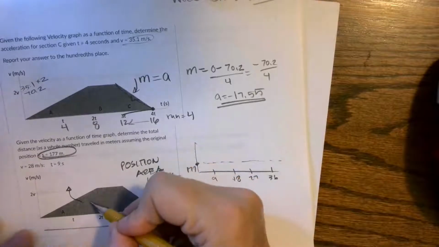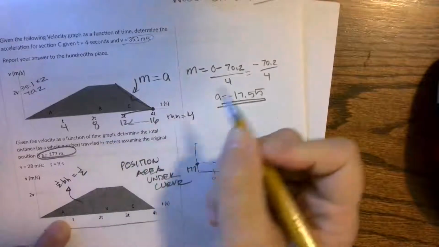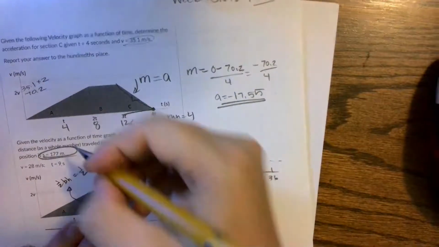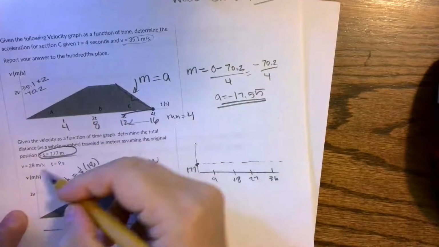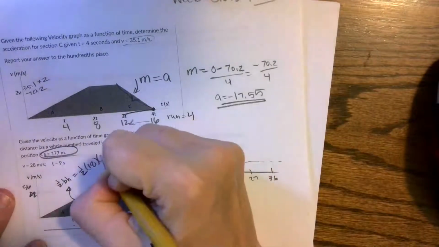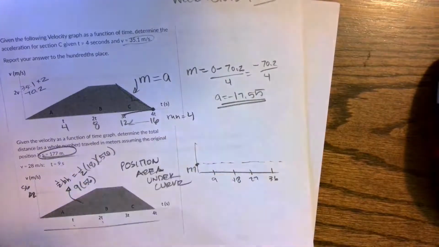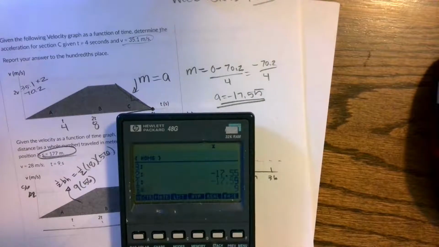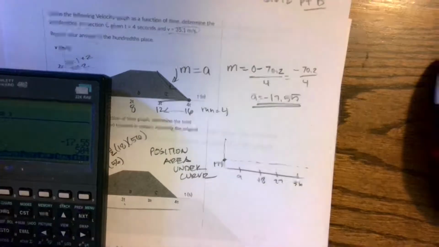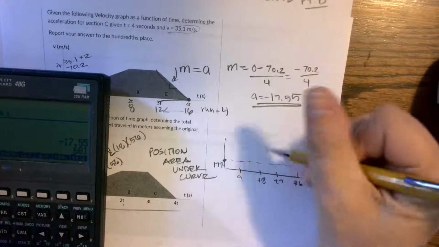Okay, so the area here is 1/2 base times height, so I have 1/2 times 18, and then my velocity is 28, so 2 times 28 is 56. So this area is 9 times 56, which is 504. So I'm starting at 177, and I'm increasing it to 504.